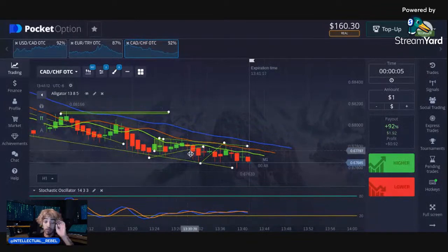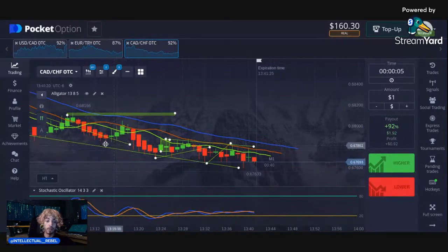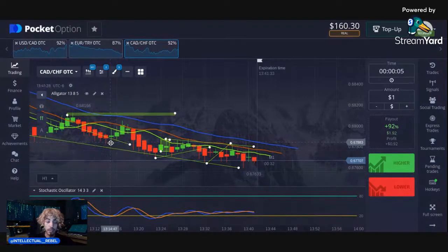But see how this candle right here, I don't know if y'all are able to see my little arrow as I go in circles, this hammer, you identify it and it made a price reversal. You see that?